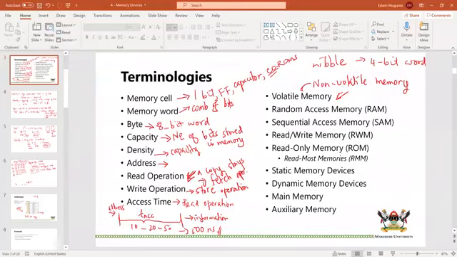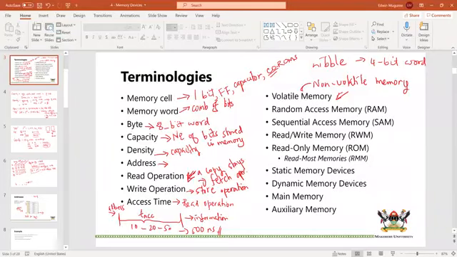So for instance, you know how RAM works. When you are working on your computer and you've not saved things, those documents exist in the computer because they are kept in a certain part of memory. Usually when you save information, you're saving it on auxiliary memory.